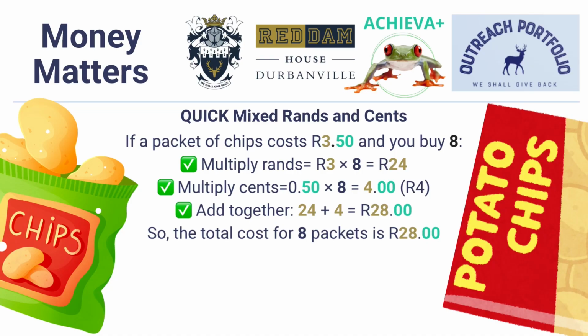Add that together, 24 plus 4, and you get 28 rand. So the total cost for 8 packets of chips is 28 rand. If you have 8 friends and you want to buy each of them a packet of chips for 3 rand 50, then you will need 28 rand.